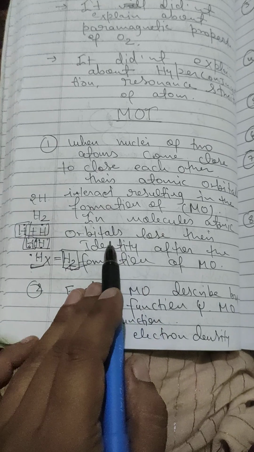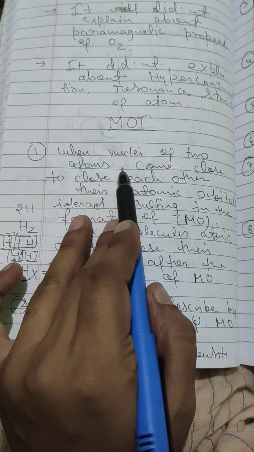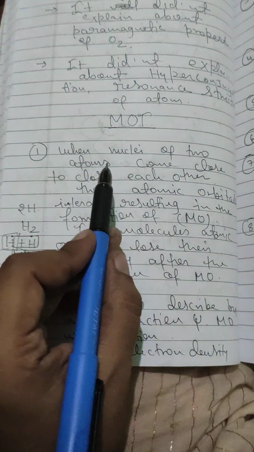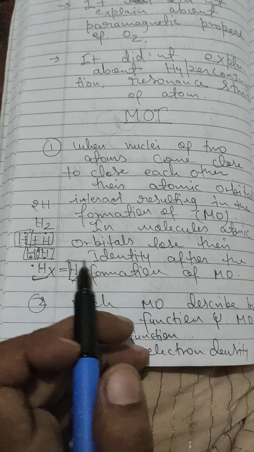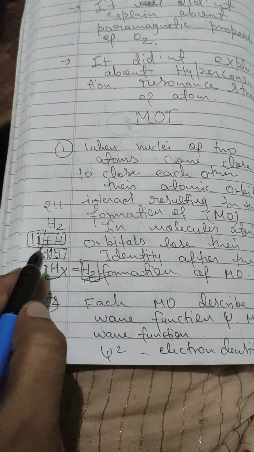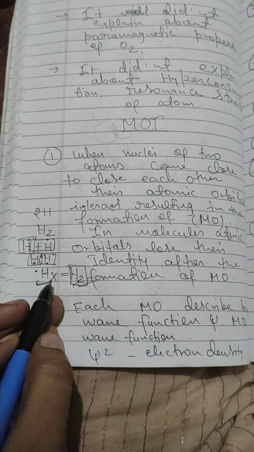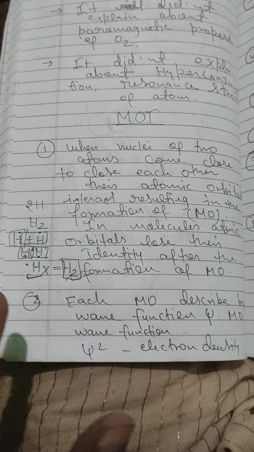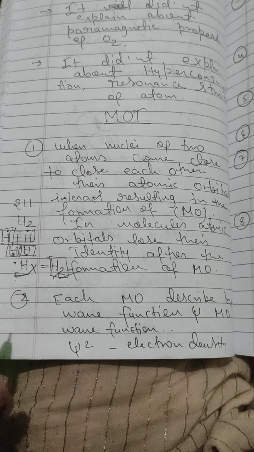So they change their identity after the nuclei of two atoms come close to each other and their atomic orbitals interact. They create a molecular orbital, and the identity of a single hydrogen is totally exchanged into the molecular orbital of H2. The previous form of hydrogen changes into the H2 form.